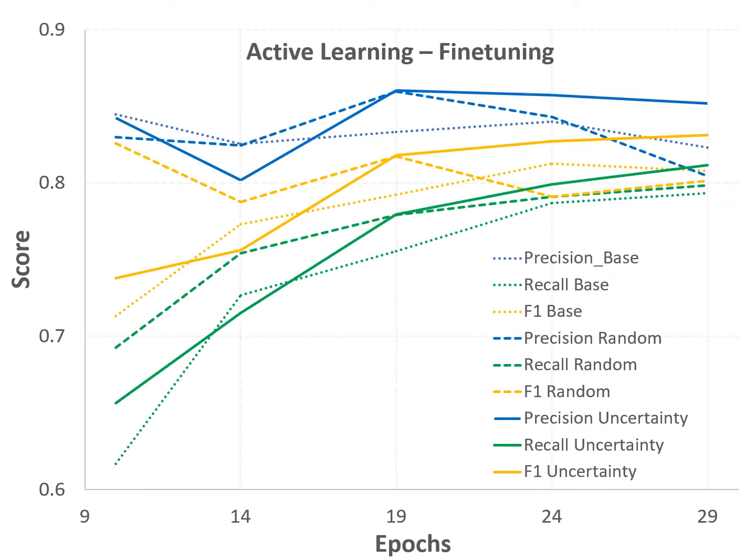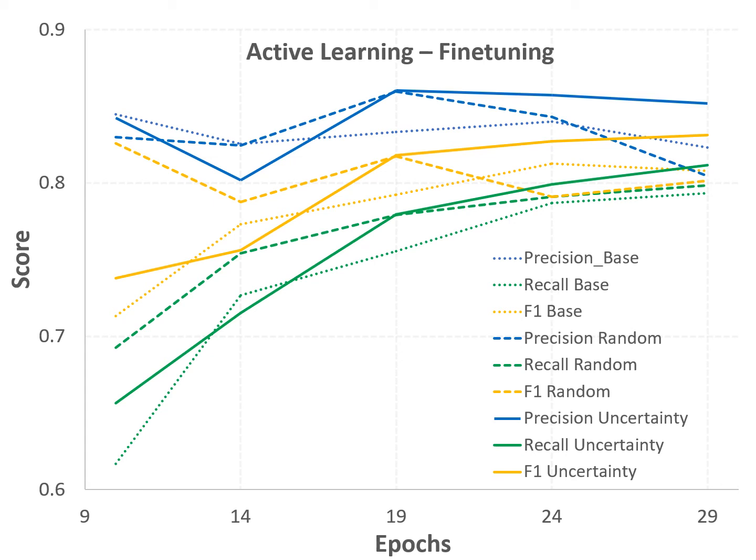The first active learning experiment is fine-tuning with the 5% extra actively learned samples. Here again the blue is for the precision, green is for the recall, and orange is for the F1.